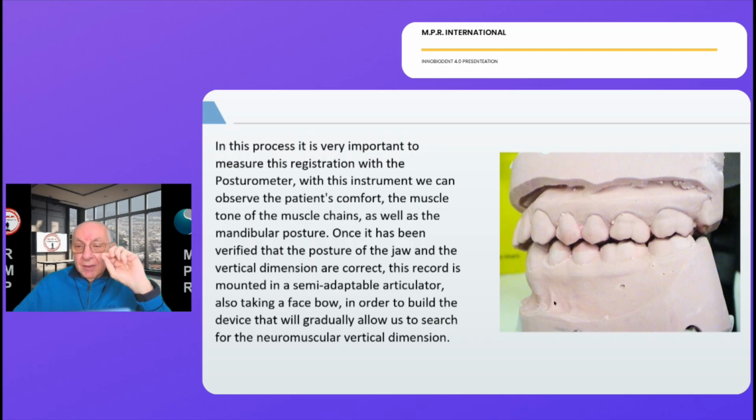With the posturometer, we are able to assess the patient's overall postural comfort, muscle balance, and the stability of the craniofacial system. We have in that moment the whole body measurement. Once the vertical dimension and mandibular posture are confirmed and stable, we will be sure that we can create a good occlusion.